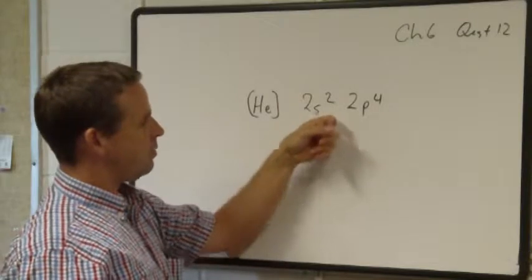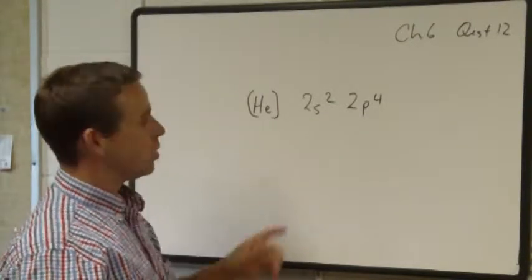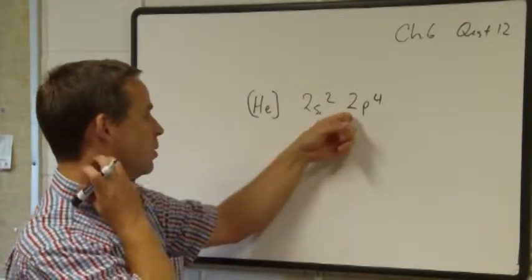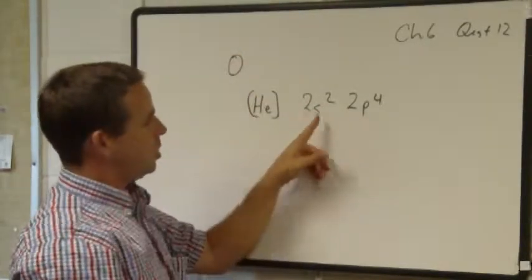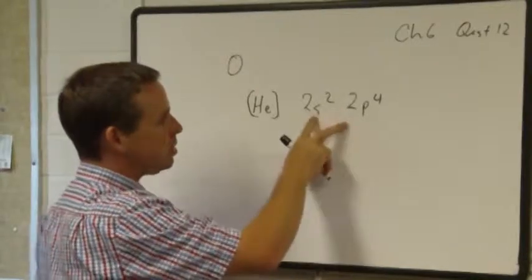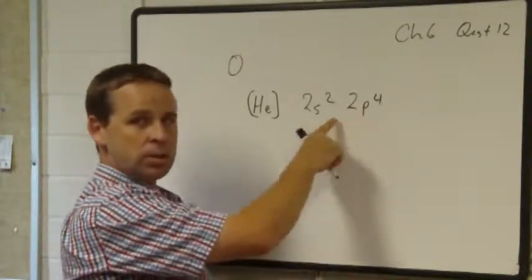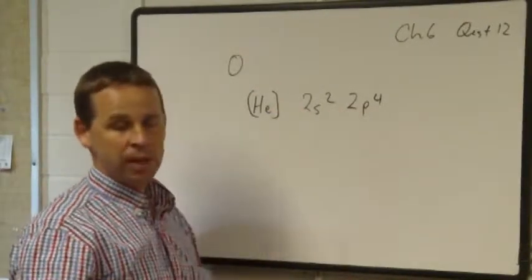The ones with the highest n value are called valence electrons. In this case, the highest n value of this oxygen atom is 2. So these 2 electrons and those 4 electrons, a total of 6, are all considered valence electrons.